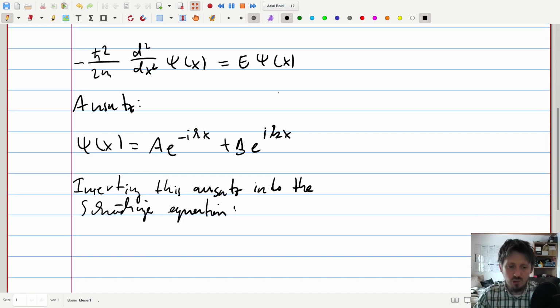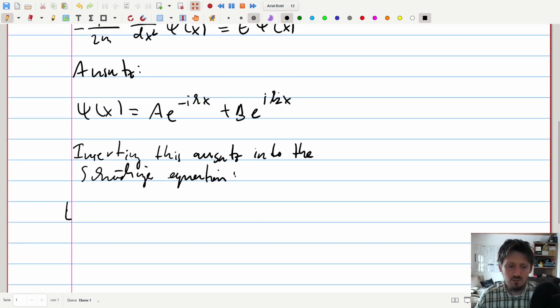Yeah, and this we can do now. When we do this, I will maybe write it down one time complete, how it looks like: minus h bar square divided by 2m, d square over dx square of (a times e to the power minus ikx plus b times e to the power ikx).